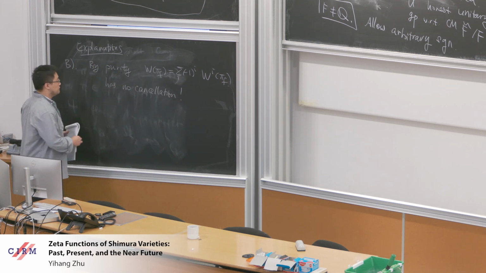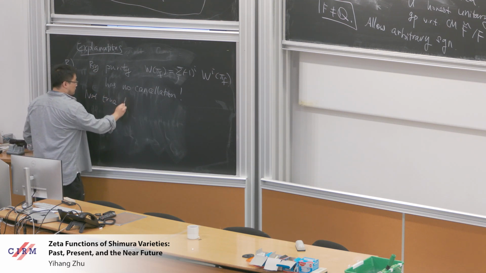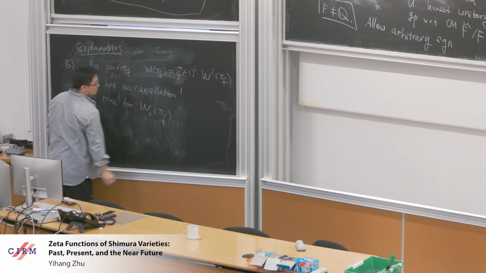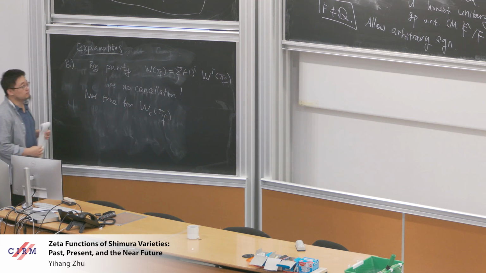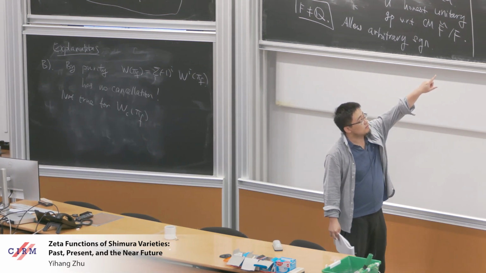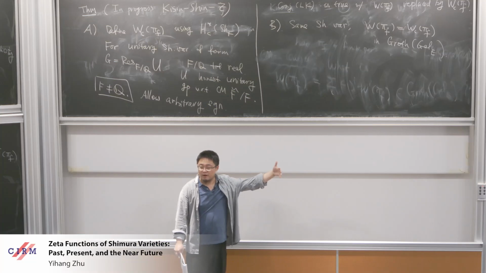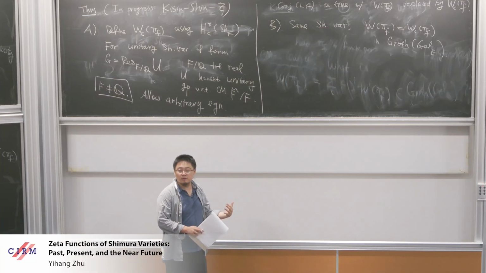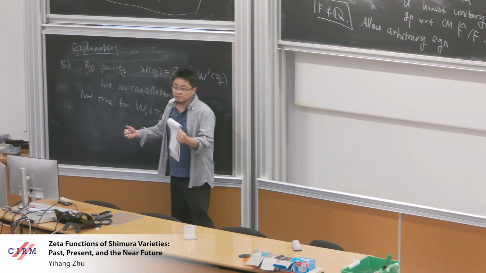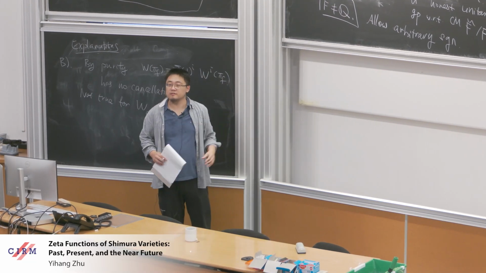However, this is not true for the compactly supported cohomology. So part B doesn't imply that compactly supported cohomology and intersection cohomology agree at each degree. Rather, it's a statement about cancellation. The intersection cohomology has no cancellation, but the compactly supported cohomology has some complicated cancellation, to the effect that after the cancellation, they become the same.